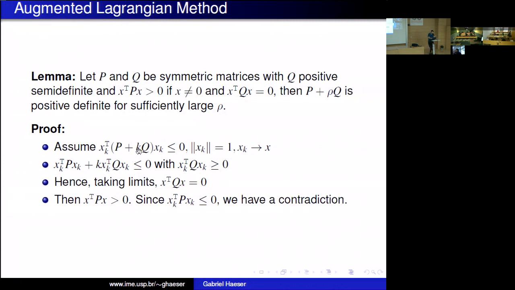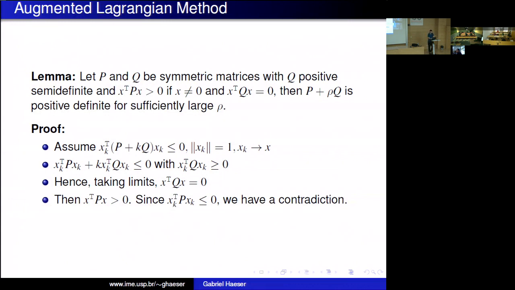And for each natural number k, I can find a vector xk such that if I multiply this at the left-hand side and at the right side, I get a non-positive number. So this is saying that this matrix is not positive definite. When I assume that, I have the existence of such vectors xk, and I can assume that this vector has a unit norm.